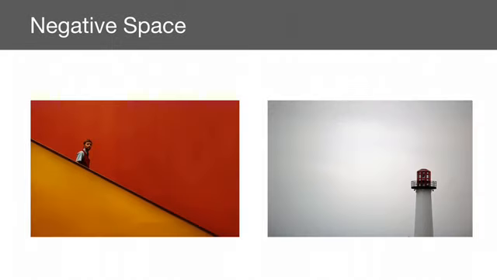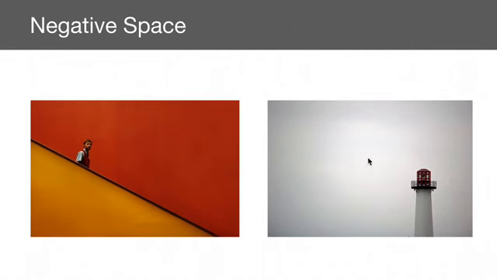Negative space. Now, negative space is not a bad thing. Negative space is actually a really good thing, despite the use of the word negative. Negative space really talks about the background. In traditional painting or photography or drawings, we always talk about the subject as the foreground, or positive space.